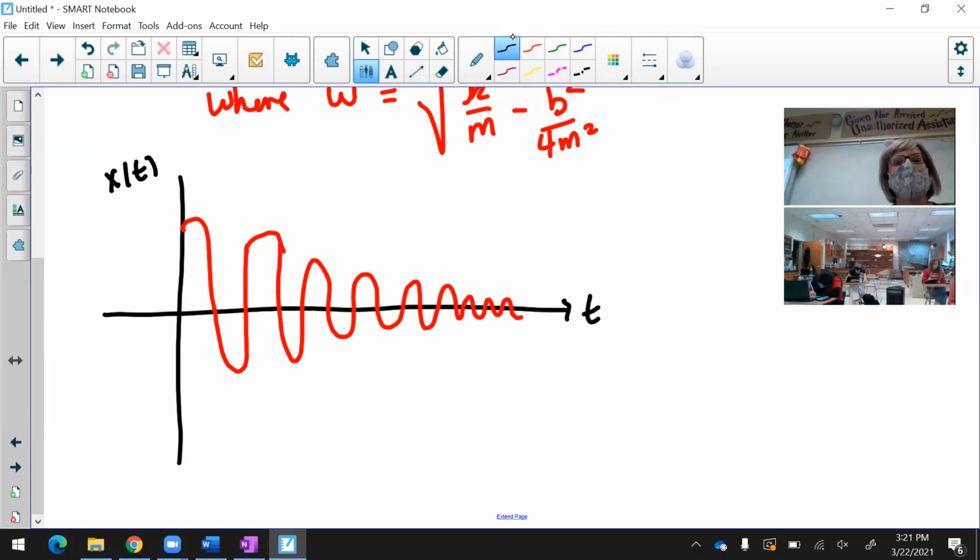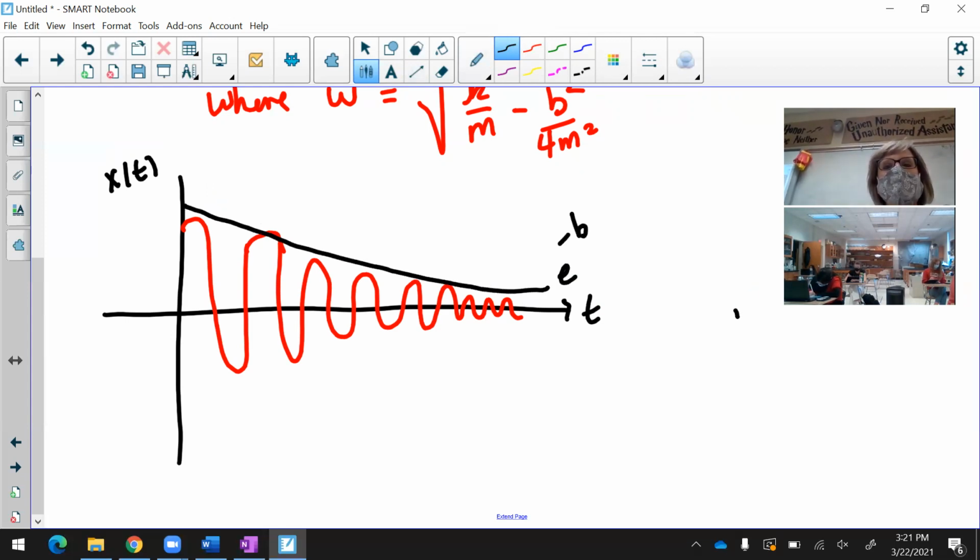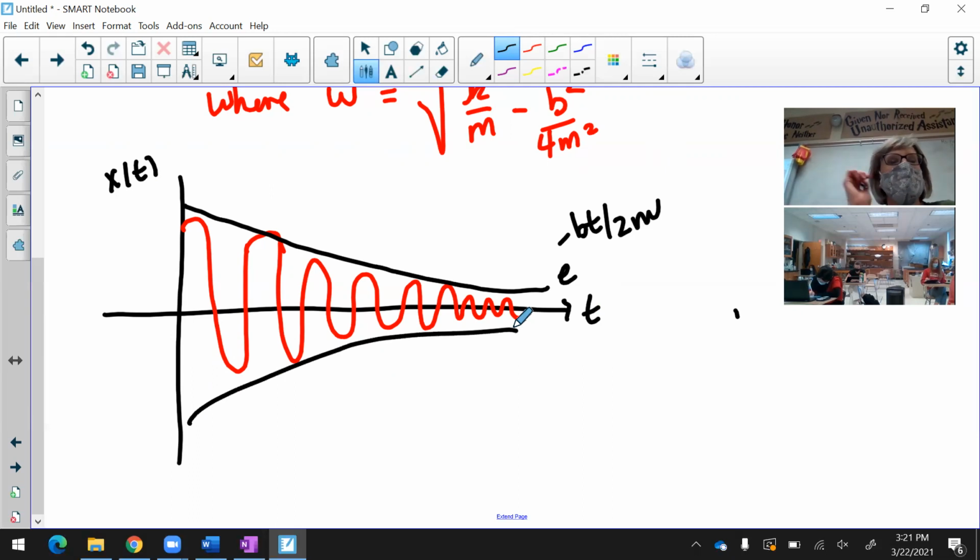But there's kind of an envelope that follows it, and that envelope is e to the negative bt over 2m, and you get one from the bottom. So the way the amplitude decays is an exponential function.